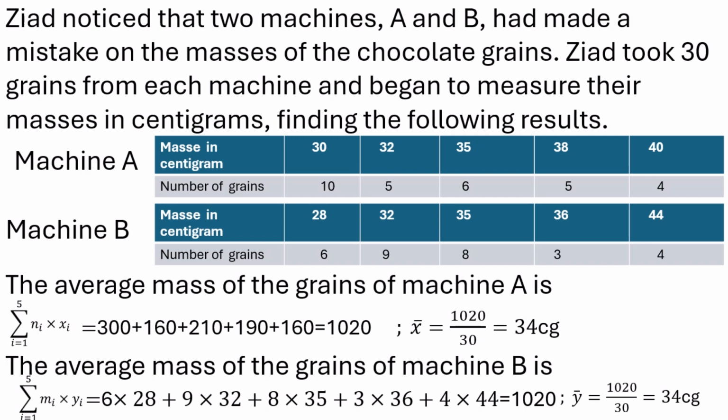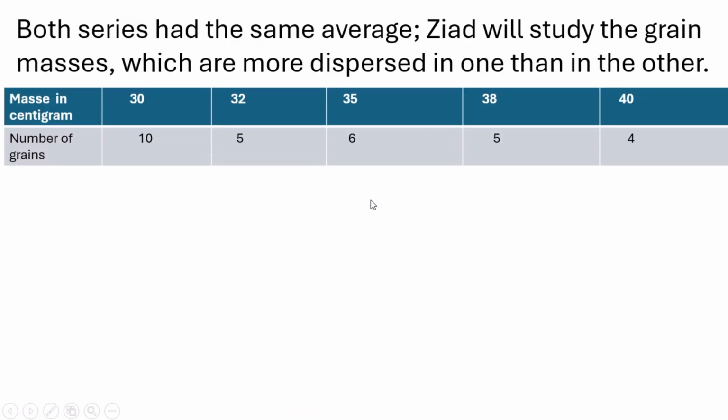So in this case we will calculate the average of the distances of the modalities from the mean, to know if we have more dispersion or less dispersion. Both series had the same average. We will study which grain masses are more dispersed.